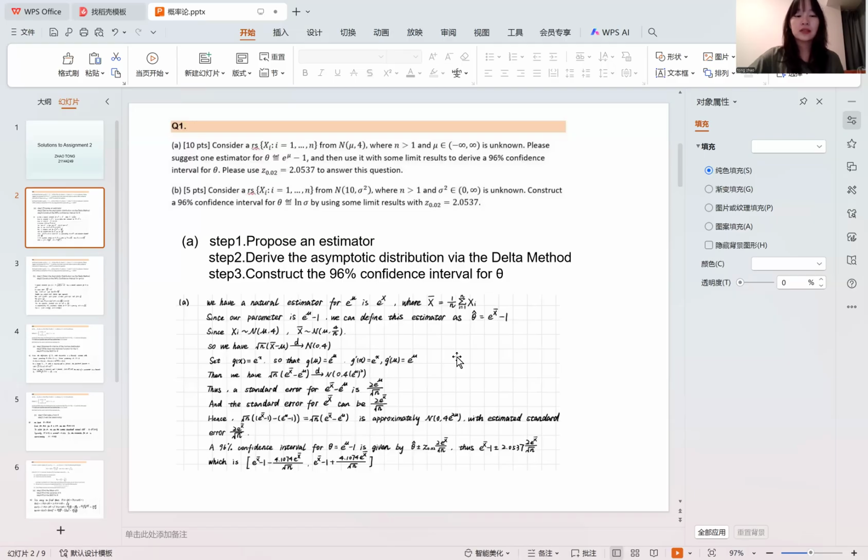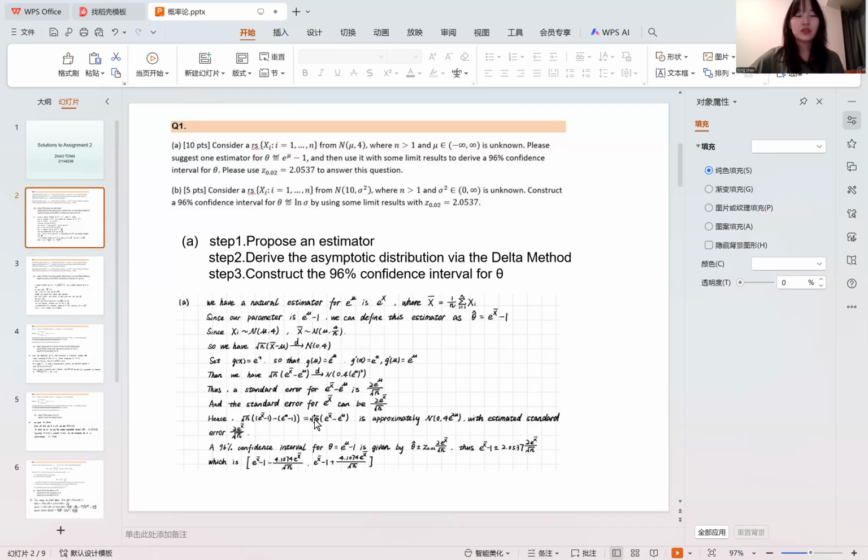The delta method tells us such an equation. So we can know that the standard error for e^(x bar) is this one. Hence, this one is approximately a normal distribution with an estimated standard error of this.